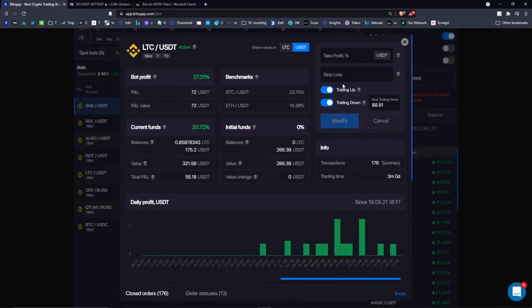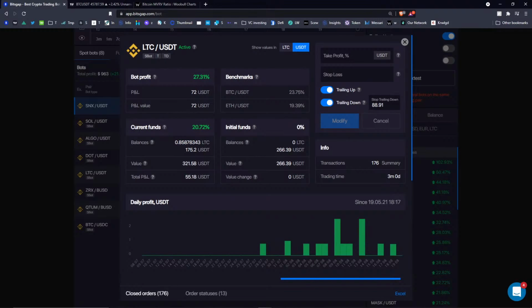We can check other things like this one. You see here that the Bitcoin here is 23%. That's because we take the data from the time we launched the bot, which was back in May 2021. So it takes the price of Bitcoin back at that time and the price of Bitcoin today, and that's the exact growth, 23%.